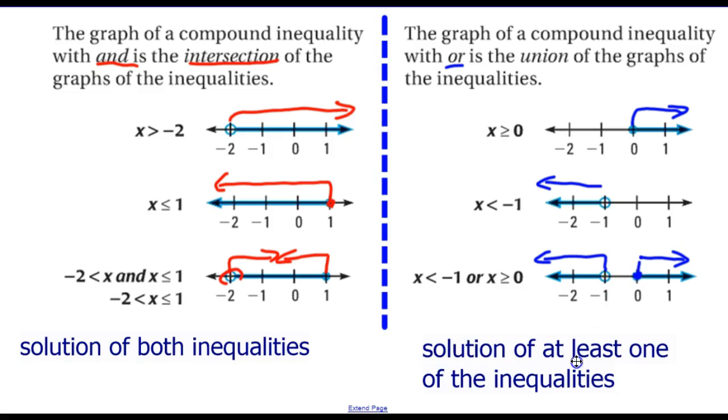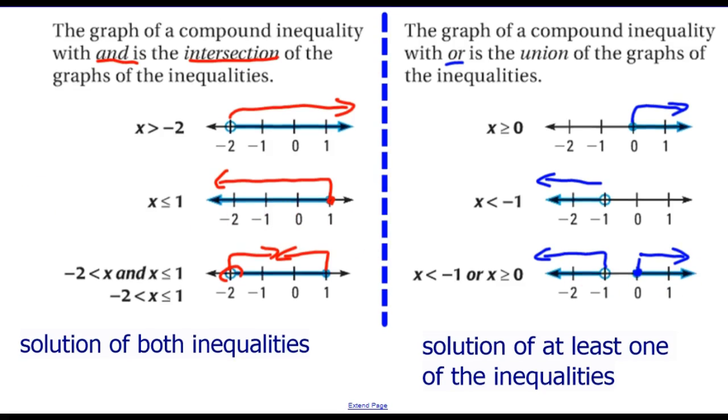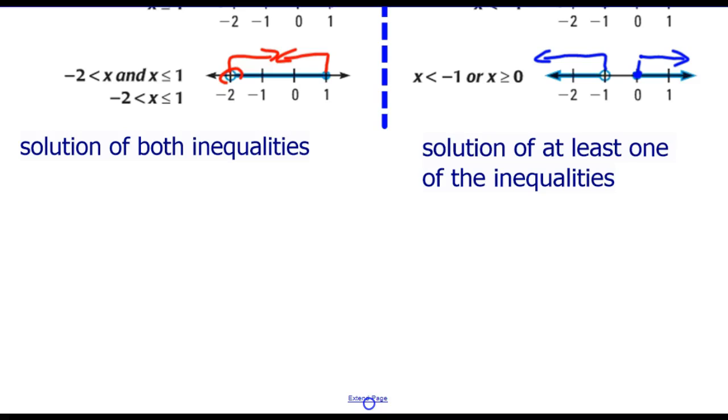So x is a solution of at least one of the inequalities. So x could either be less than -1, or it could be greater than or equal to 0. It can't be both.